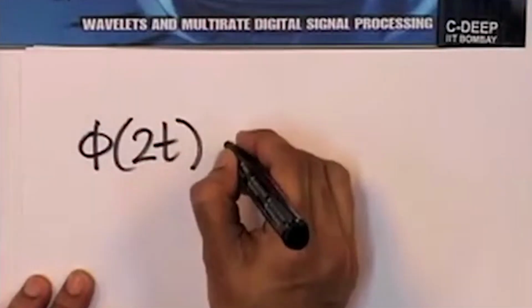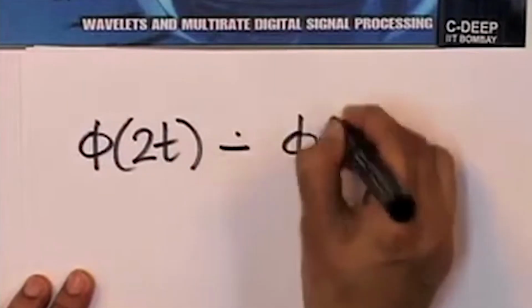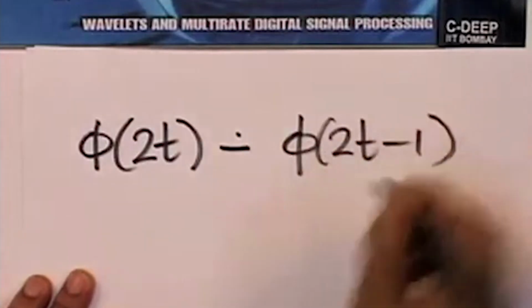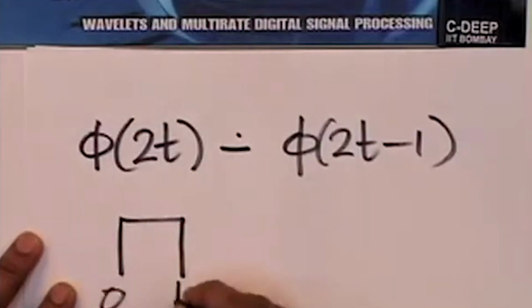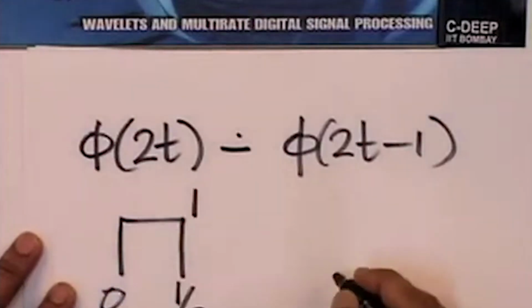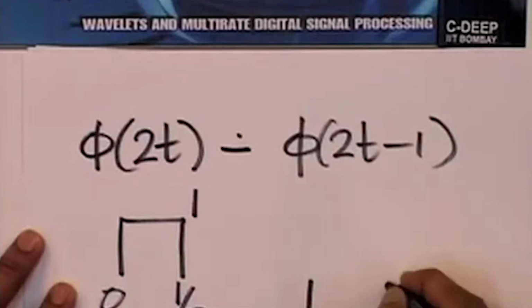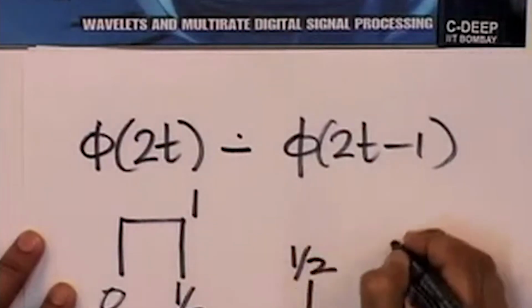Phi 2 t minus phi 2 t minus 1. This is phi 2 t, this is minus phi 2 t minus 1.